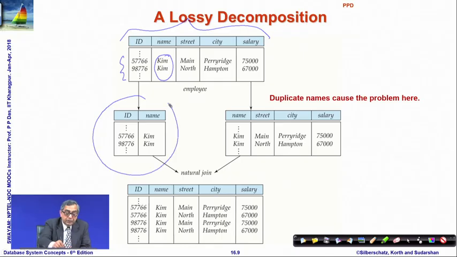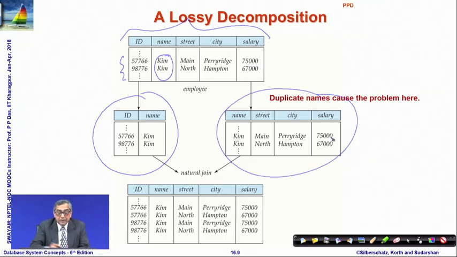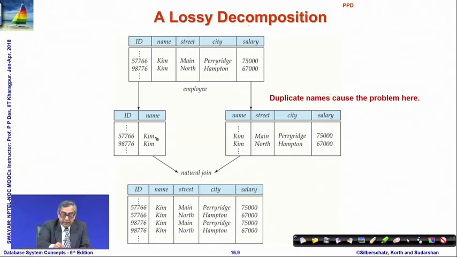When I decompose, I get this relation which shows ID and name, and this relation which against the name shows this. But when I join them by natural join, I not only get the combination of this with this, which is what I need, but I also get this combination, which are really not there in the original relation.